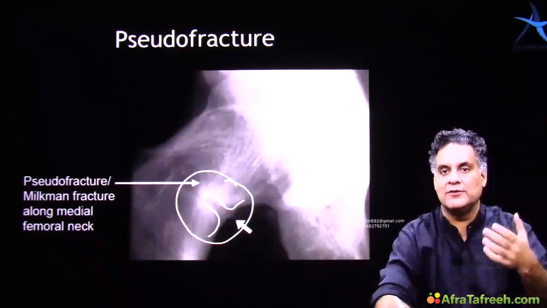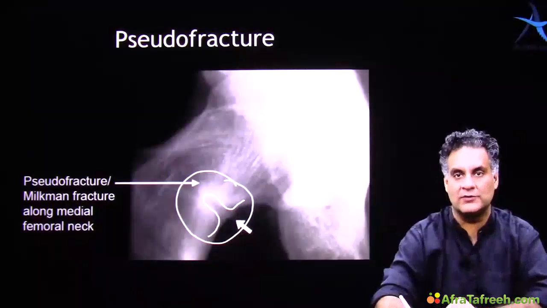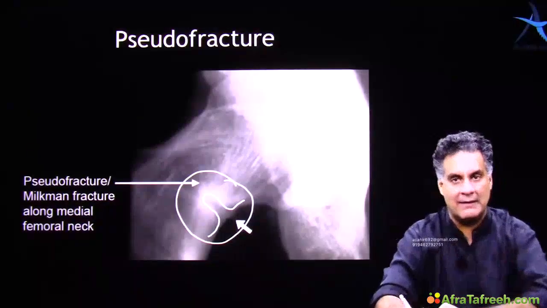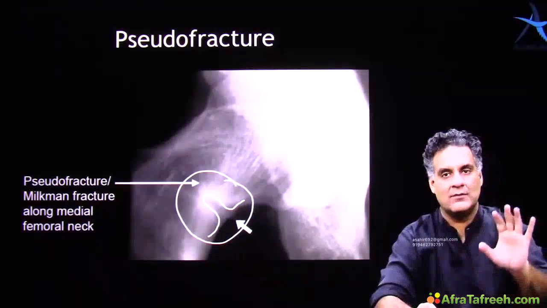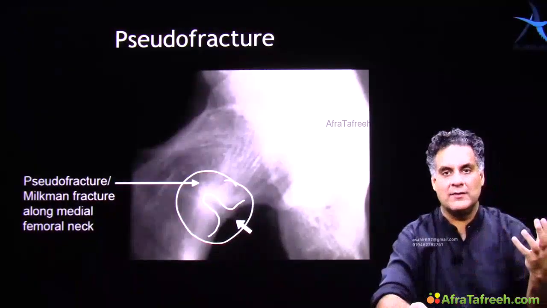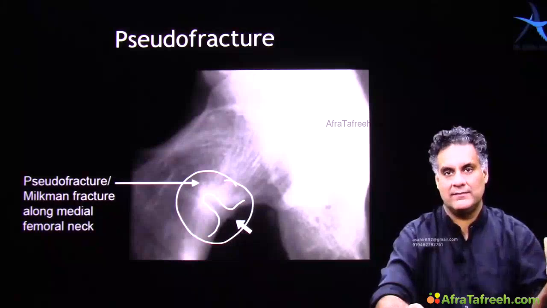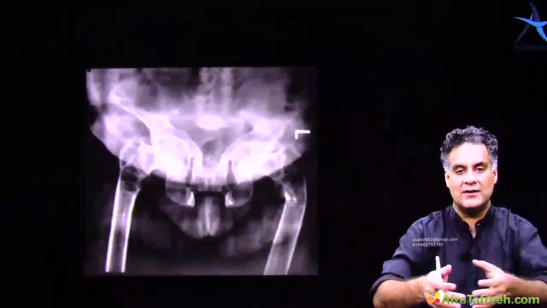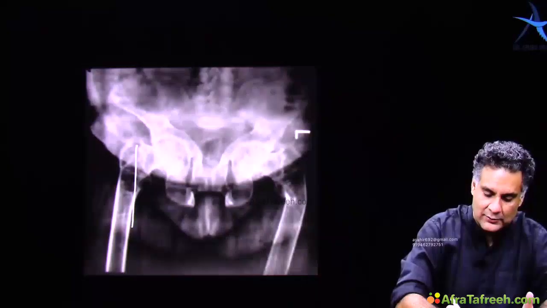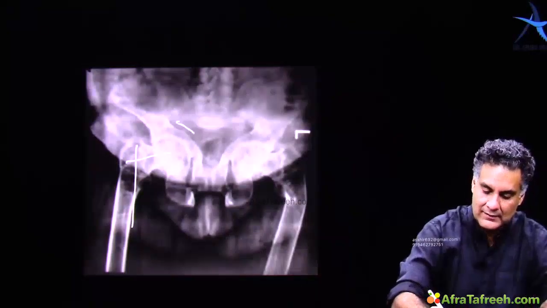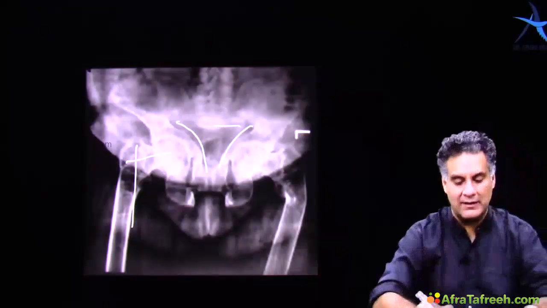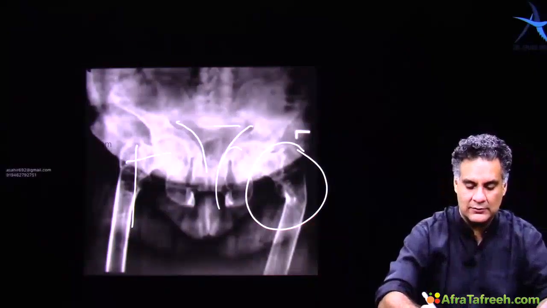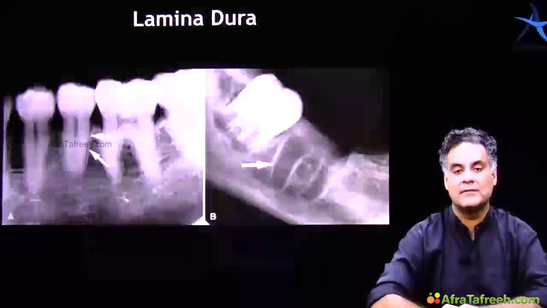Also called as Looser zone or Milkman fracture after the man who described it, Emil Looser. Treatment is just wait. Causes: osteomalacia, rickets, hyperparathyroidism or neurofibromatosis. And this is osteomalacia. You can look at that. The reduced neck shaft angle, the triangular pelvis, the triradiate pelvis, and so many pseudo fractures which have healed.